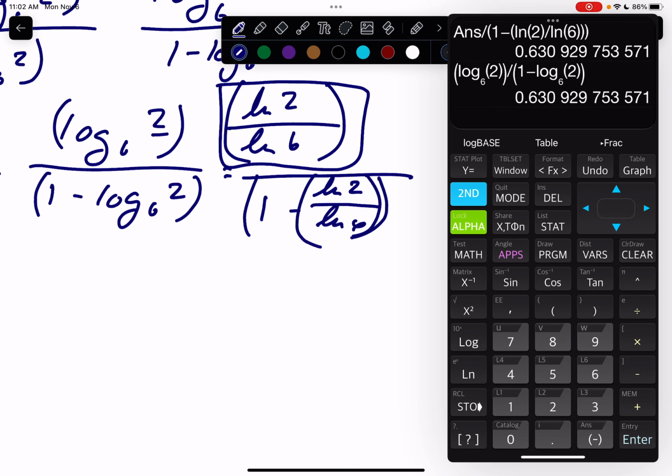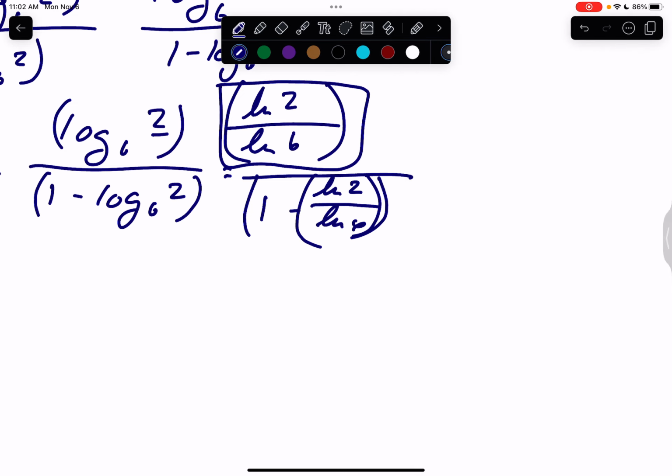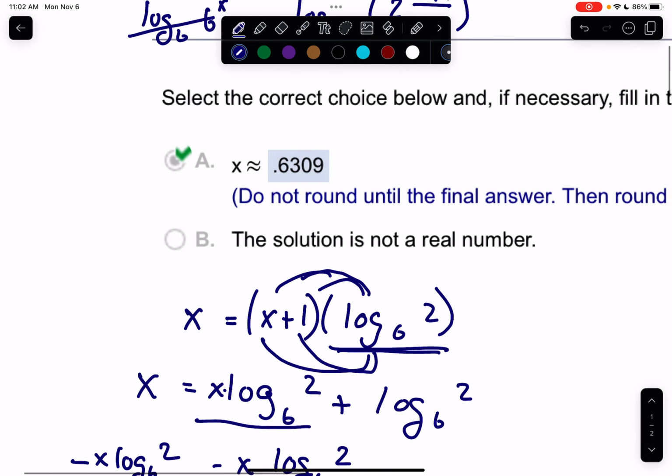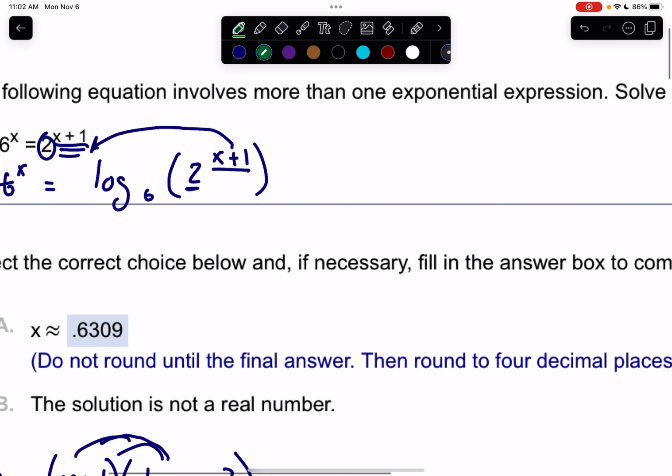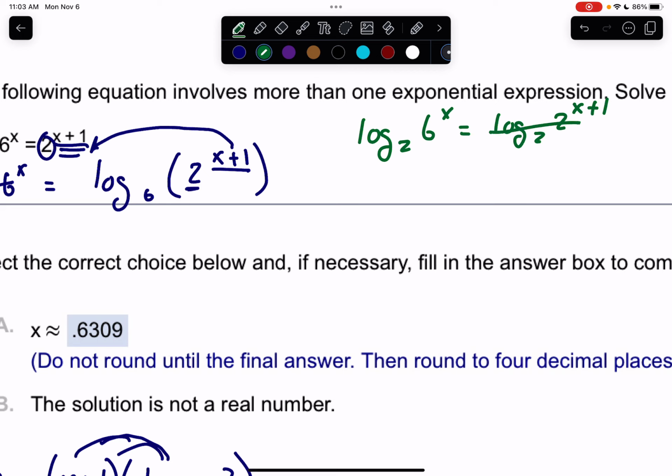Now, what if I picked log base 2 instead of log base 6? See how this is a little bit more complicated, with the x plus 1 in there? What if at the beginning I just used log base 2 for both of them? That would kill off this one, and I'll be left with log base 2 of 6.